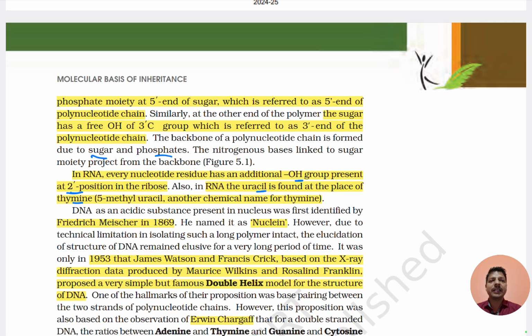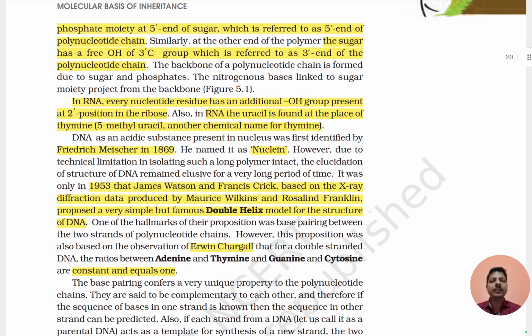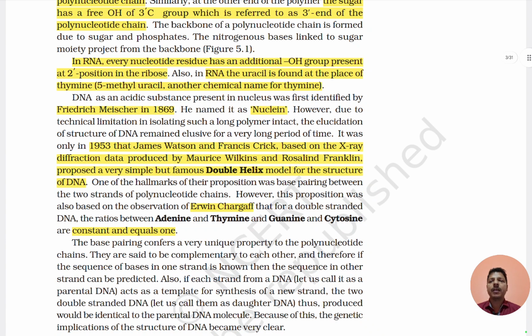DNA as an acidic substance in the nucleus was first identified by Friedrich Miescher in 1869. He named it nuclein. But at the time, because of technical limitations, the structure of DNA remained elusive for a very long period of time.